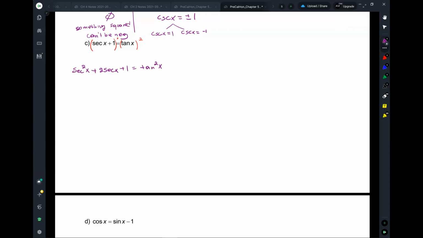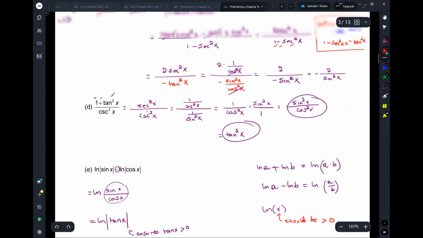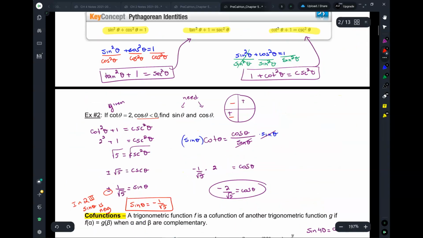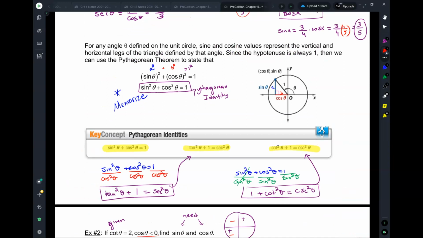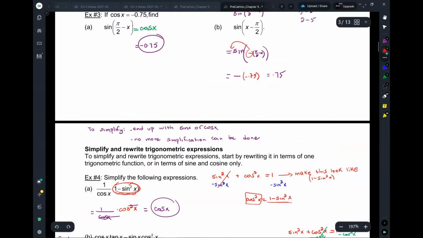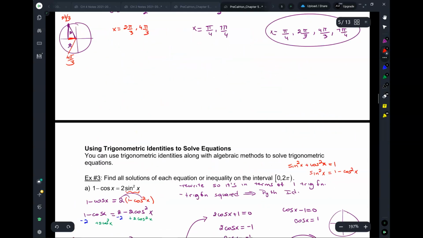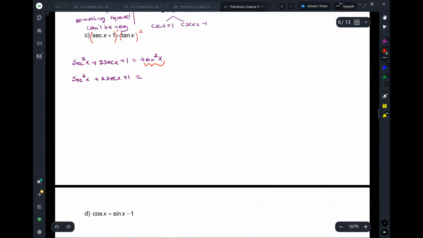Okay, now secant squared x plus 2 secant x plus 1 equal to. How can we replace that with an identity? Let's go to the very first page. Is there an identity that we can replace tangent squared x with? I have a secant squared x minus 1. Looks good to me. Let's do it.